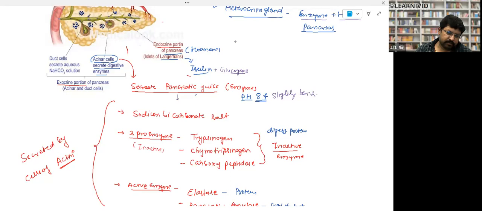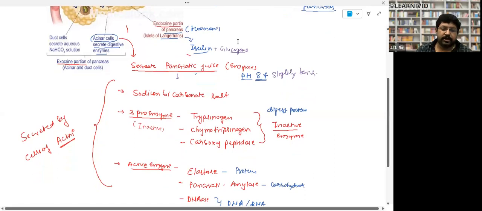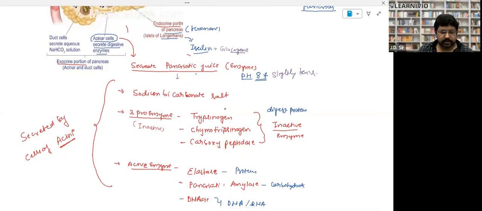They secrete sodium bicarbonate salt and three proenzymes. When I am talking about proenzyme, it is an inactive enzyme. So they secrete three proenzymes that are inactive.